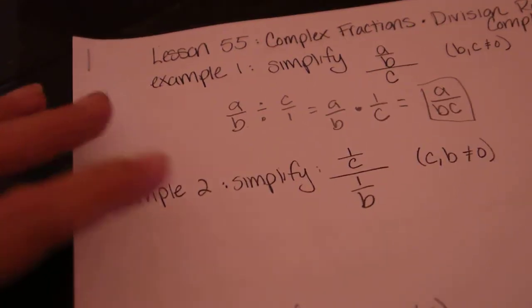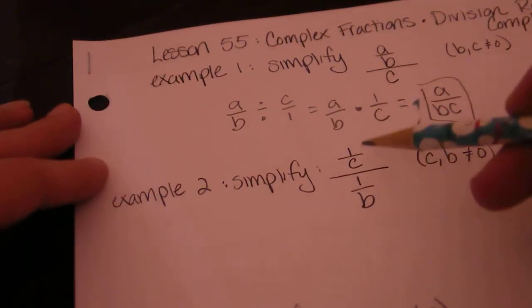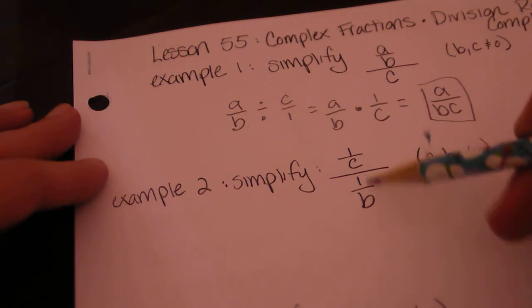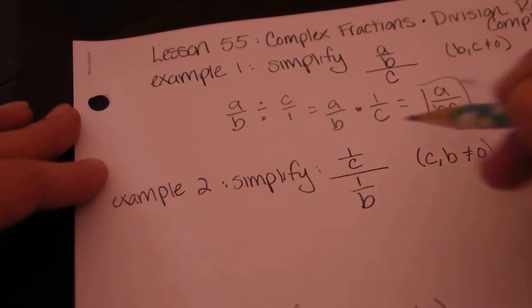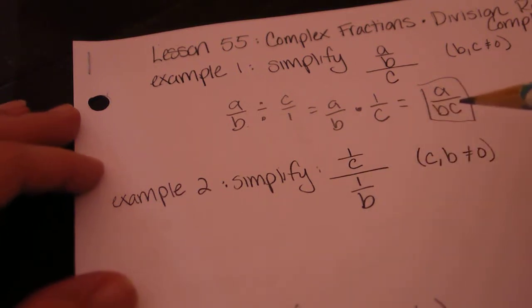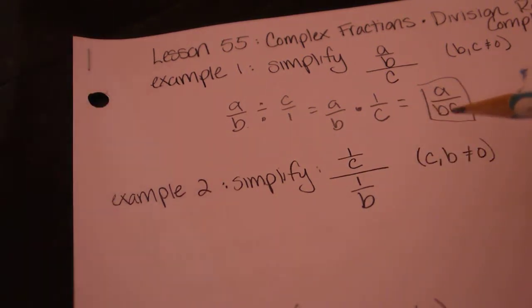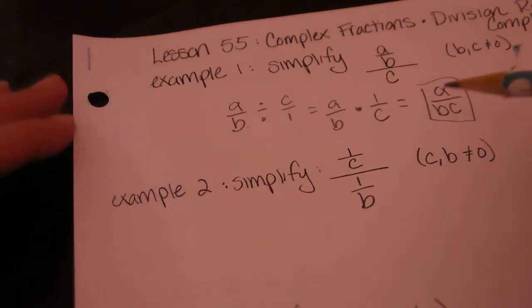Same thing with this. We're going to divide 1 over C divided by 1 over B. And again, C and B cannot be equal to 0, or else it wouldn't work, it would be illegal. I'm totally blanking on the term. Anyway, it wouldn't work.